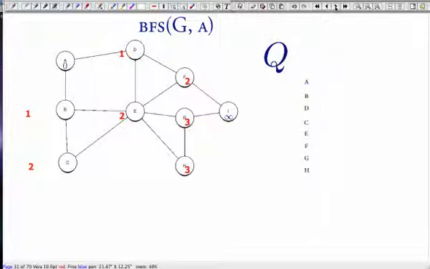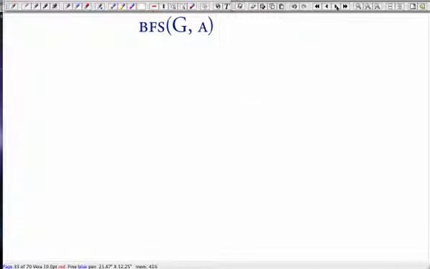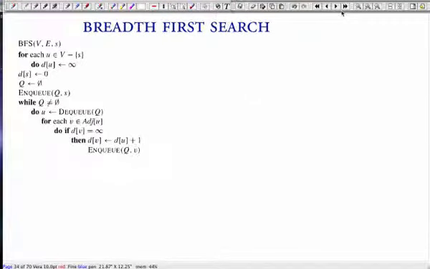If we put the code right next to each other, essentially the extract min is replaced with the DQ, and the decrease key is replaced with an NQ. Okay, what's the running time of this algorithm?